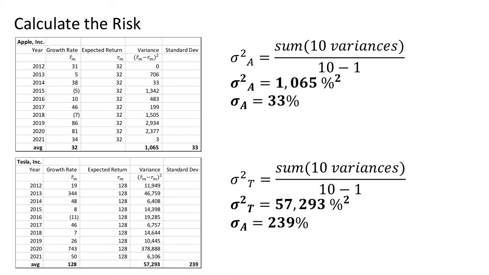Then we calculate the average variance for Apple Inc. by taking the total of all the variances for the 10 years and dividing by 9, which is the number of years minus 1 degree of freedom. That gives us our average variance. Sigma squared sub A is variance of the Apple stock of 1,065 percentage squared.